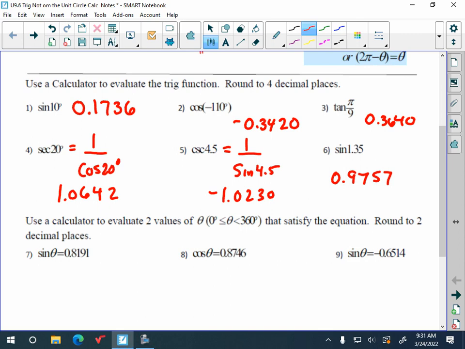Because that's 20 degrees, that just means you're in degree mode. Why change the mode on your calculator?